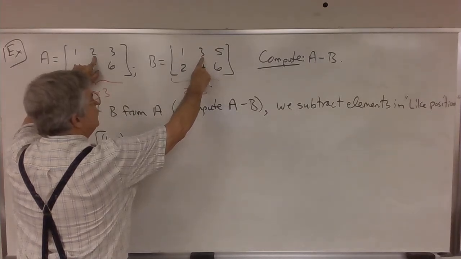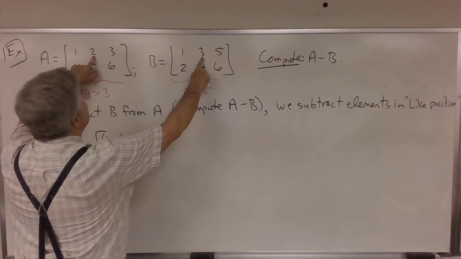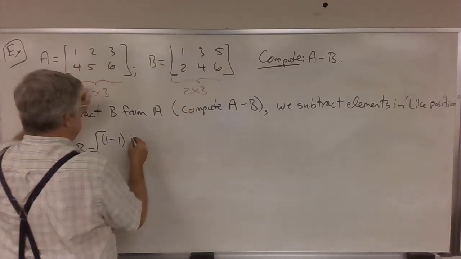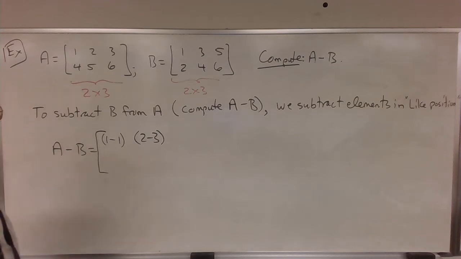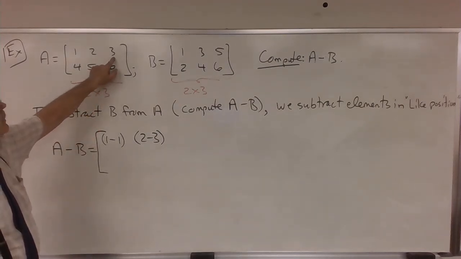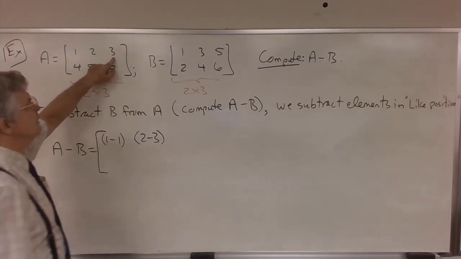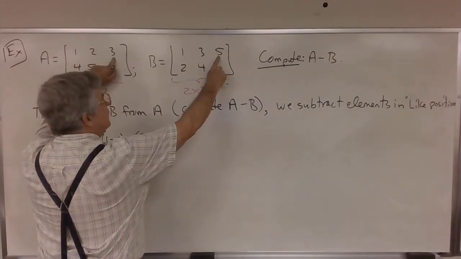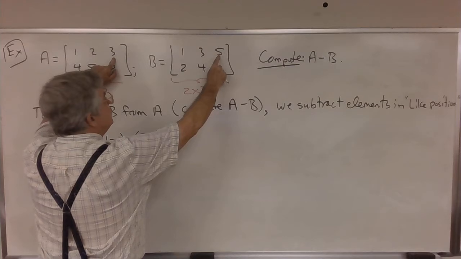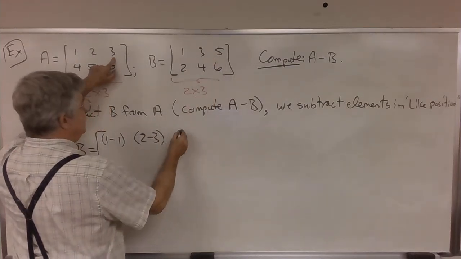We'll subtract the element from B from the element in A. Then we go to the first row, third column, and find the corresponding element in B, first row, third column. We subtract the corresponding element in B from the element in A.